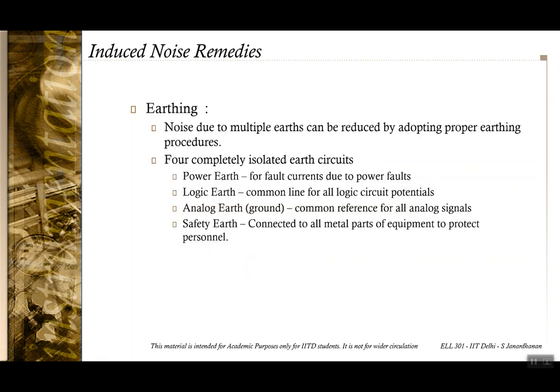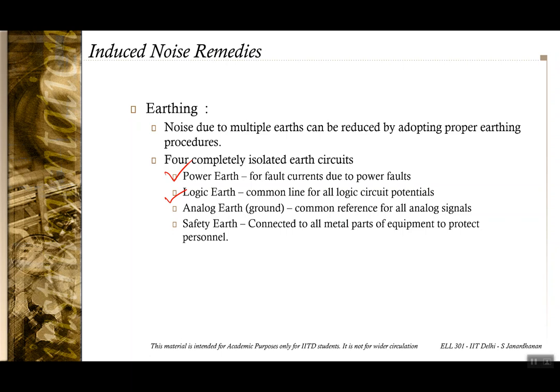The way that the earth problem, or the multiple earth problem, can be reduced is by isolating all of them separately. So you can have one earth for all the power circuits, and you can have one earth for all the logical circuits.